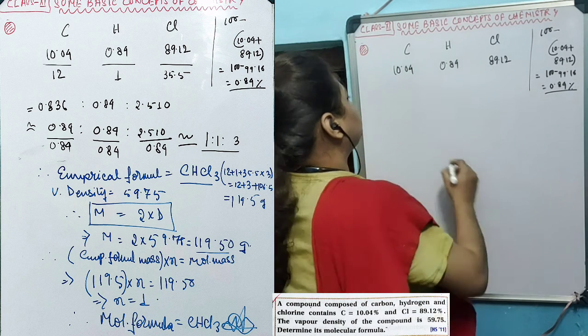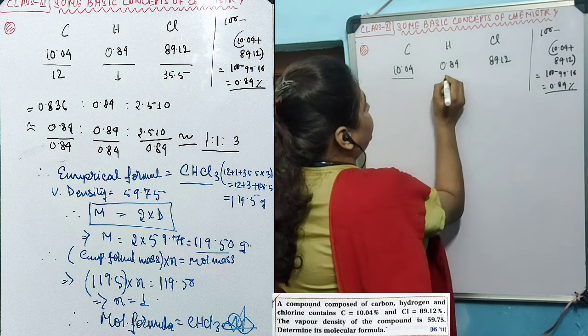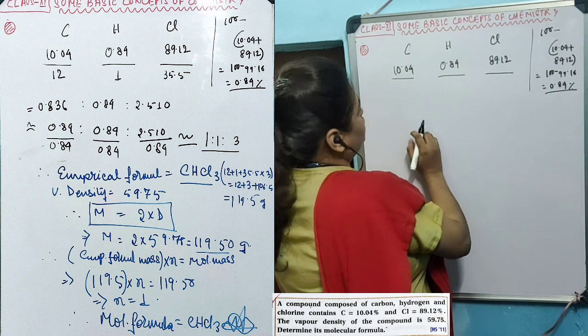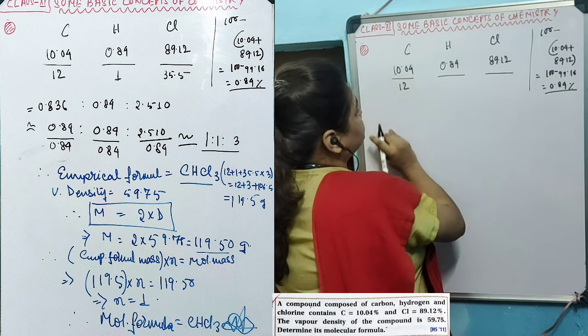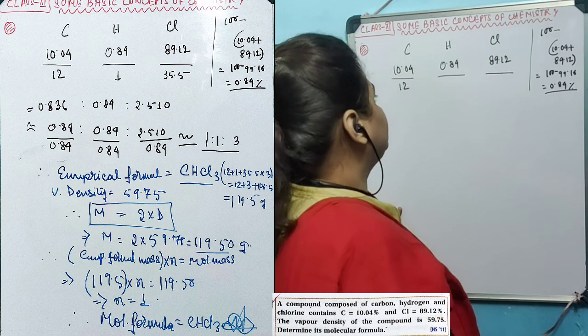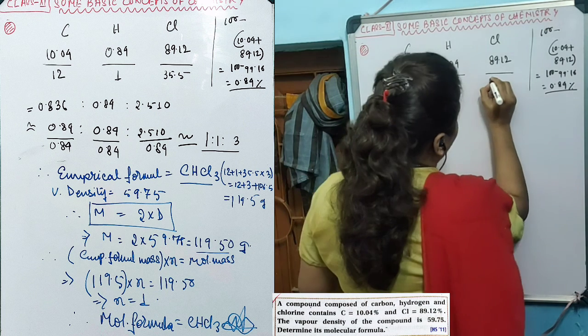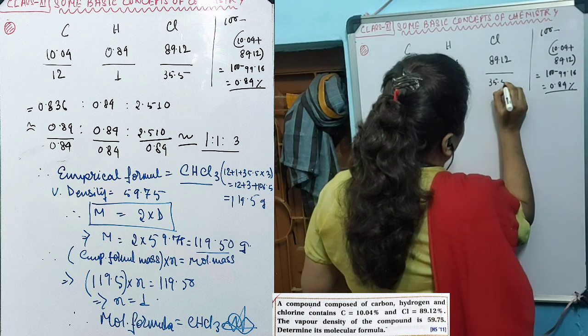The first thing we are going to do is divide all of them by their respective atomic masses. Carbon's atomic mass is 12, so 10.04 by 12, hydrogen by 1, and chlorine by 35.5.